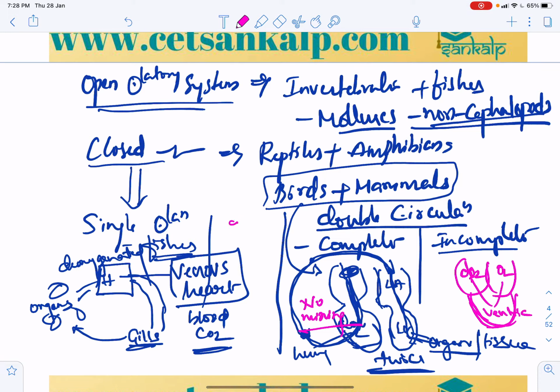In fishes, 2-chambered. Reptiles and amphibians are incomplete. In amphibians we can say 3-chambered.